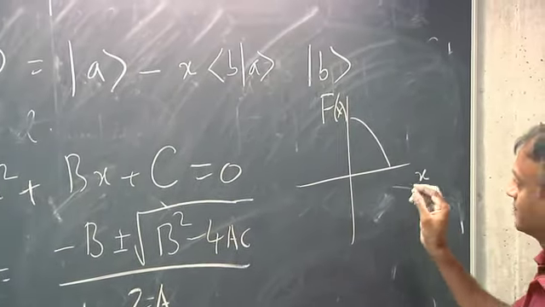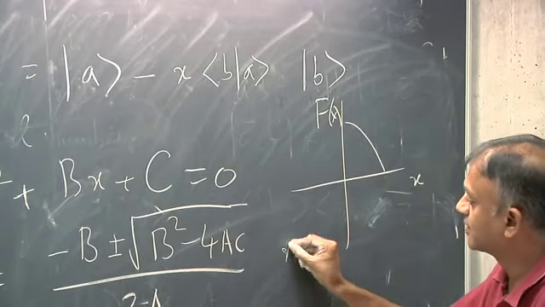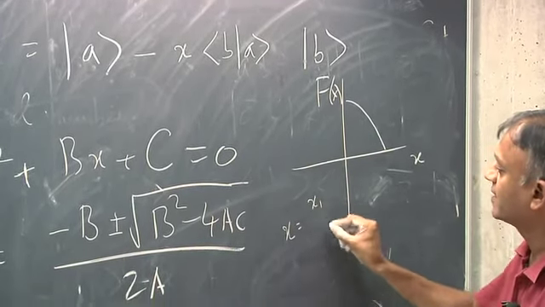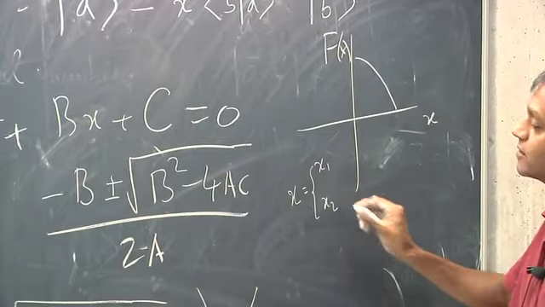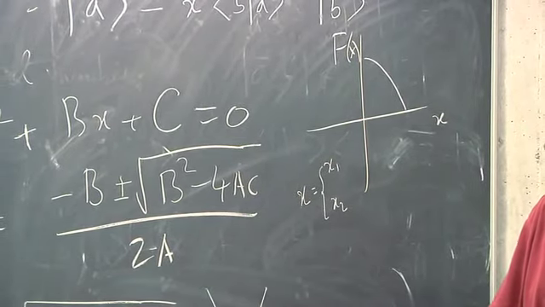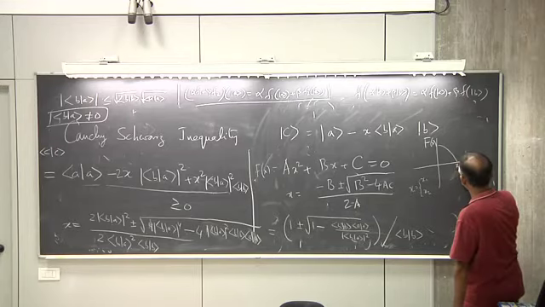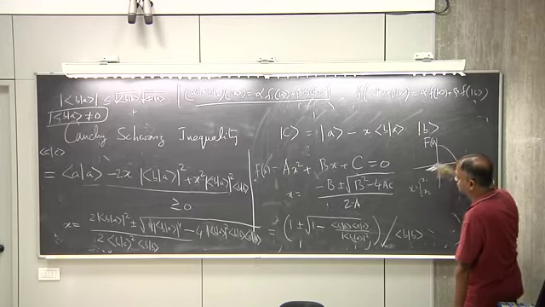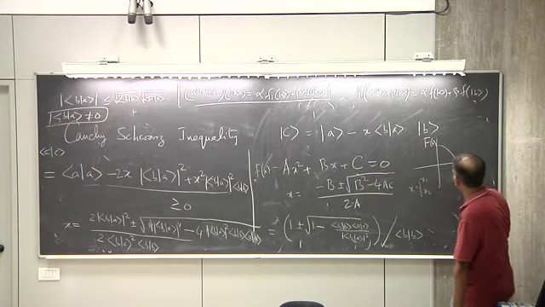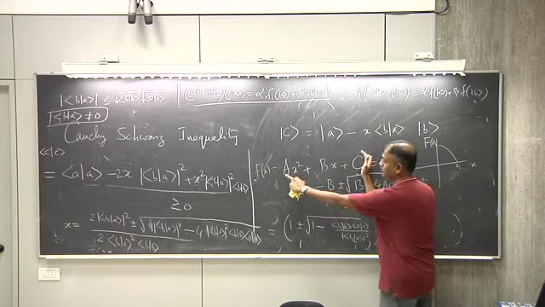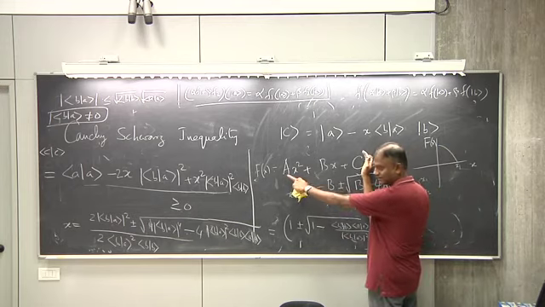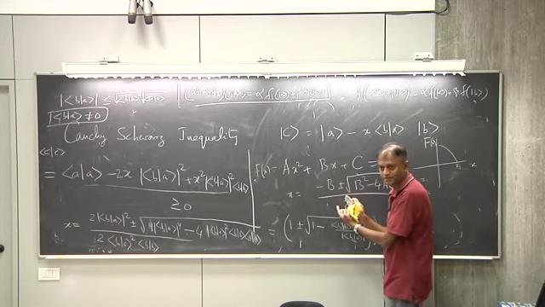Say there are two real roots, x equal to x1 and x2. Then at x1, this f of x is 0. In fact, that's how we solved it.